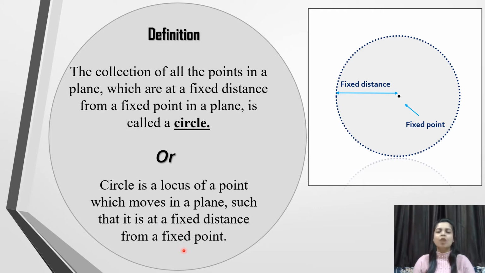Now students, what is the locus of a point? Locus of a point is nothing but the path traveled by the point. Now imagine students, if I leave a point freely in the plane at a fixed distance from the fixed point, then the path covered by that point is called a circle.